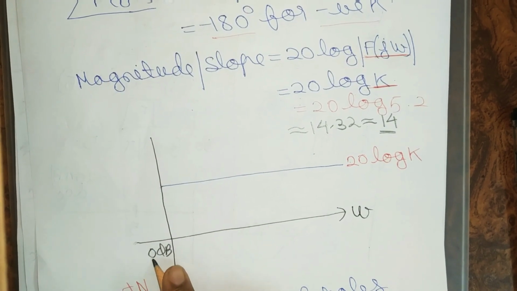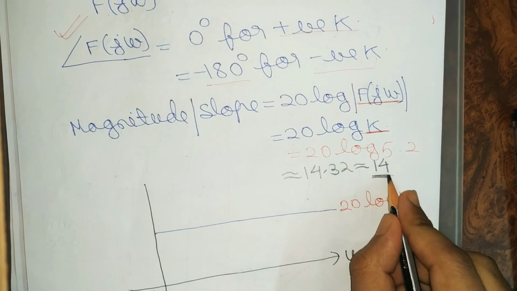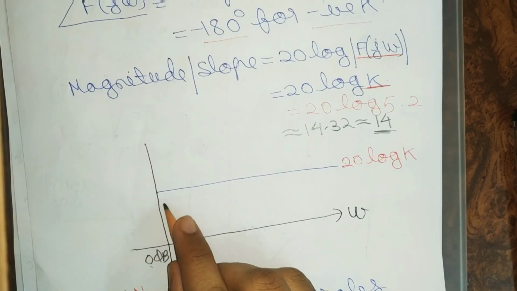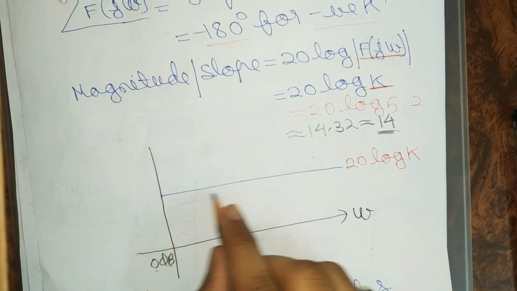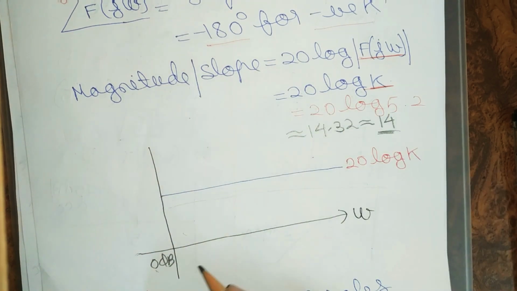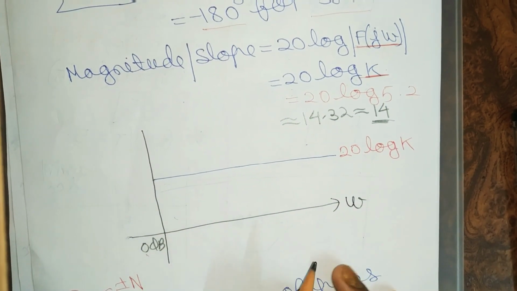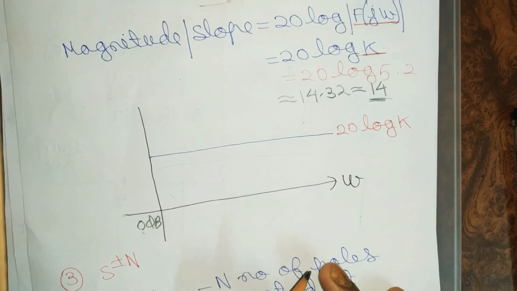Here it was starting from 0 dB. If the gain is 14, then you have to start calculating from 14, so the plot will shift to 14. This is the main role of system gain.